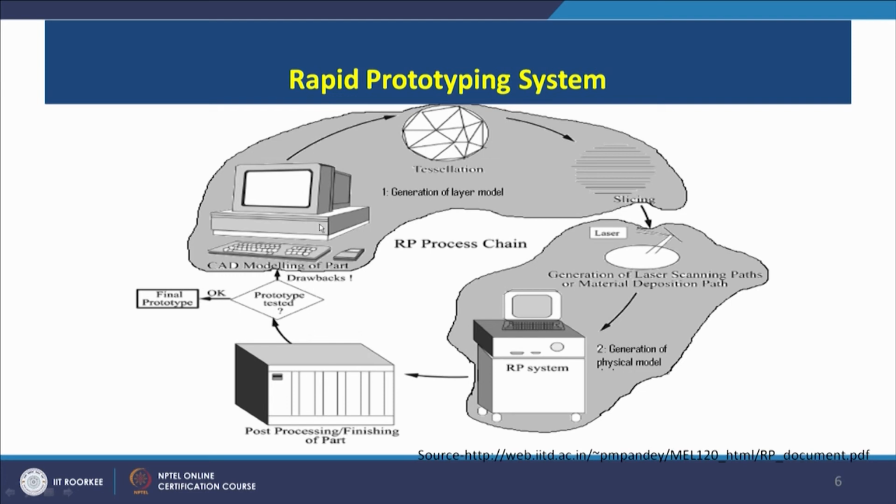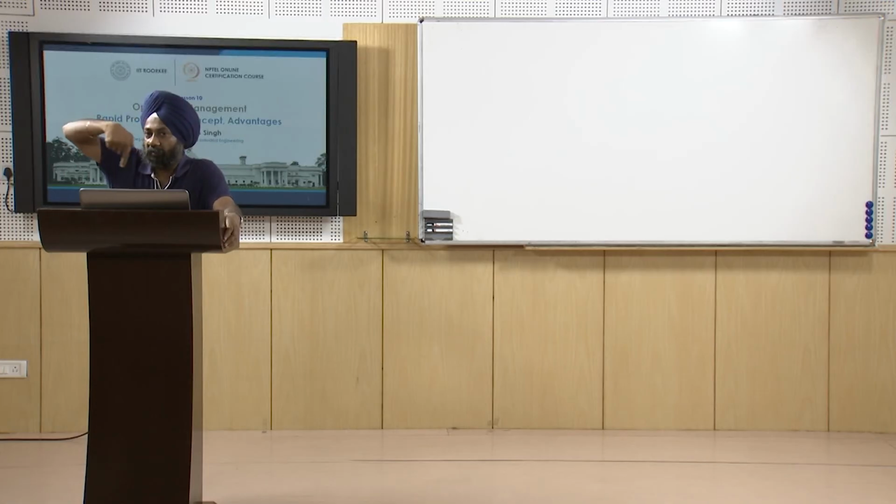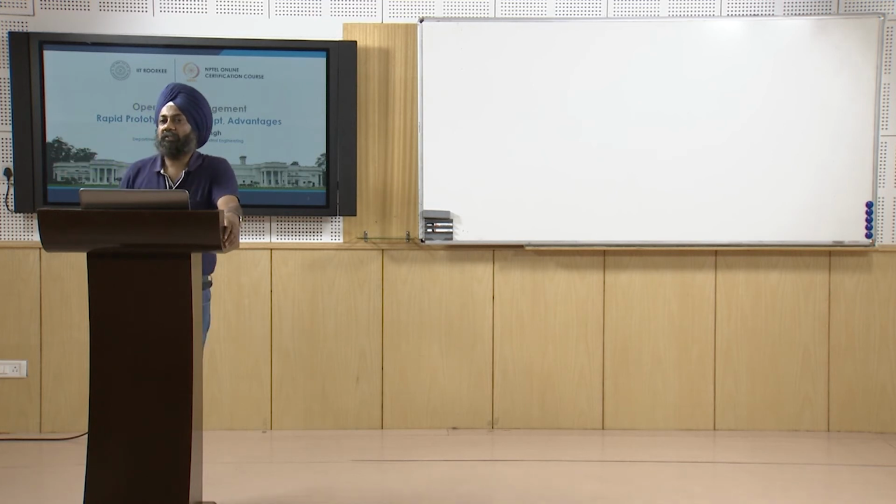So here you can see the CAD model, conversion to STL format, layer by layer slicing of the model, generation of the physical model, and finally the generation of laser scanning paths or material deposition path. So we now know the area in which the material has to be deposited, and how our head will move in order to deposit the material at the respective places. That decision is also taken.